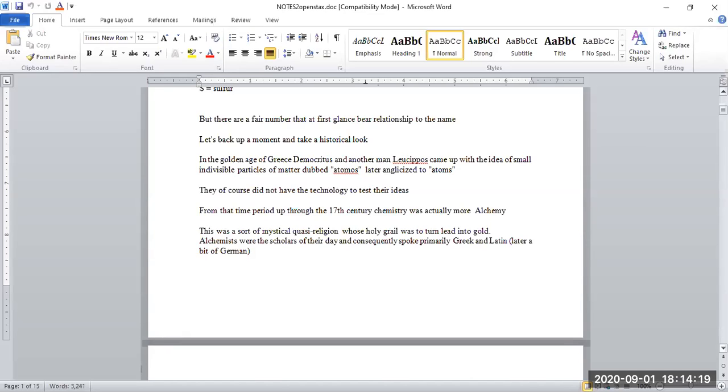So why are they even remotely important, other than the fact that they had this really crazy idea? Well, the problem that this ties into is, think about the time period. 17th century, probably maybe 3 or 4% of the population can read and write.